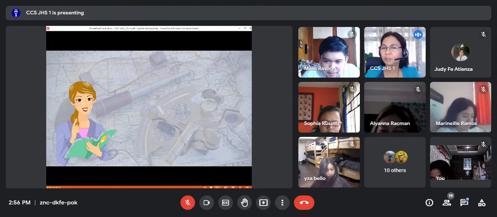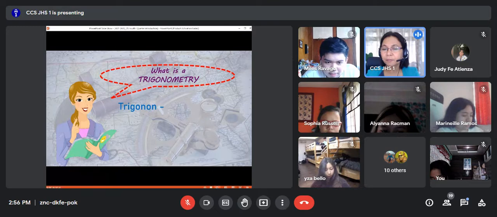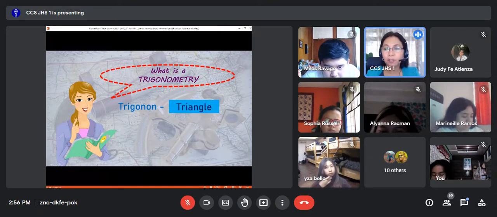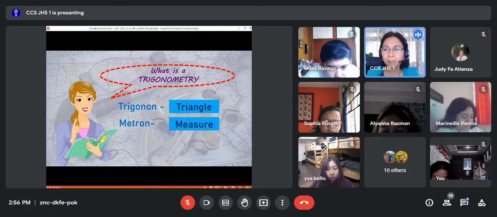Trigonometry comes from the Greek words trigonon and metron. Trigonon means triangle and metron means measure, so the measurement of the parts of a triangle.